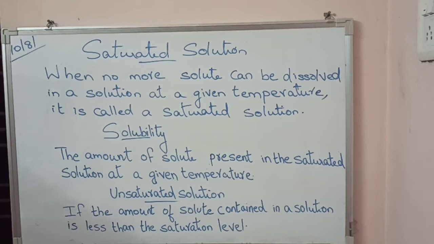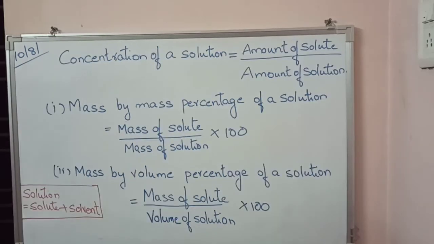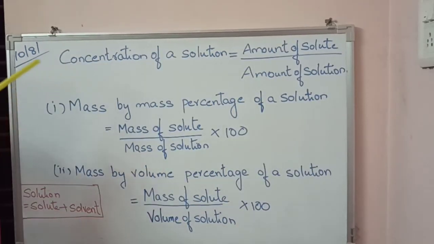Then what is an unsaturated solution? If the amount of solute contained in a solution is less than the saturation level, then we say that the solution is an unsaturated solution. Clear? We have seen concentrated solution and dilute solution.